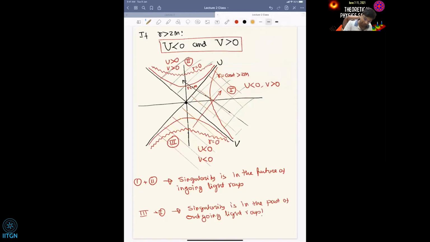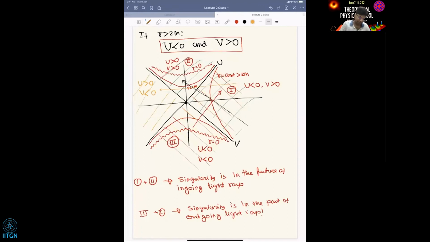You can use spacelike geodesics and go to a region which is completely new. In this region you can show that u is 0 and v is negative. This is exactly a carbon copy but opposite of region 1.